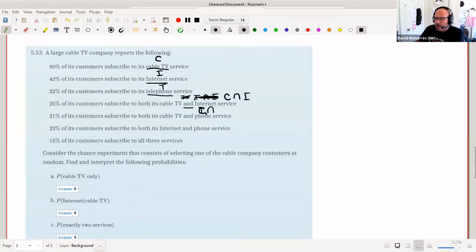This is all about cable and telephone. And this is all about internet and telephone. And then this right here describes what's in common with all 3. So cable and internet and telephone.